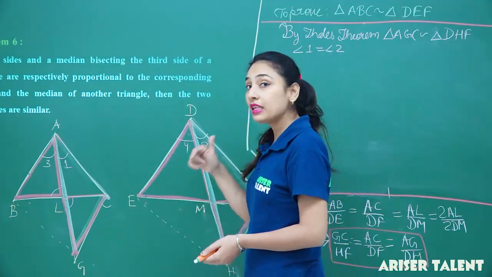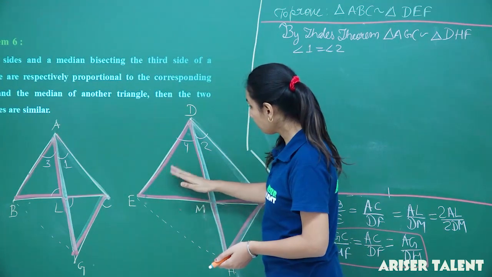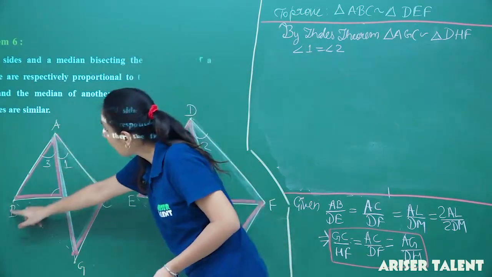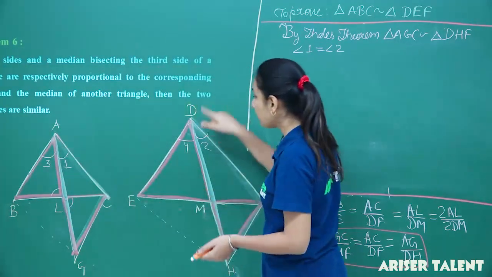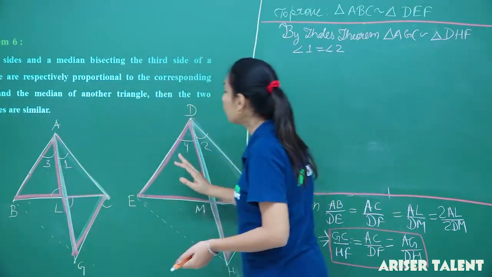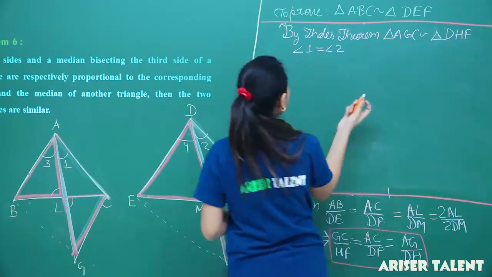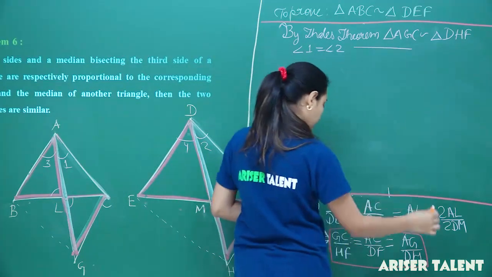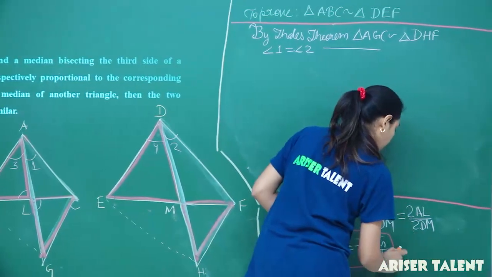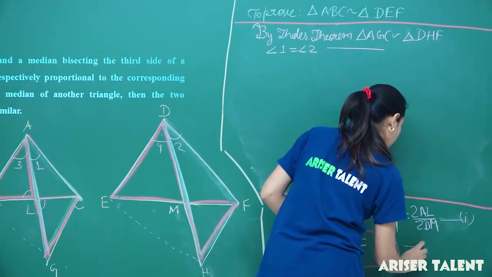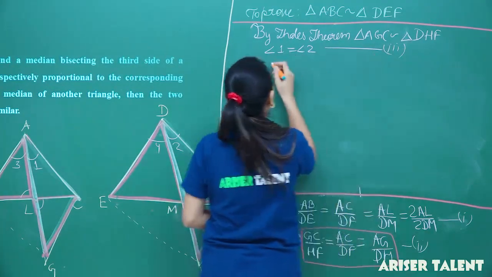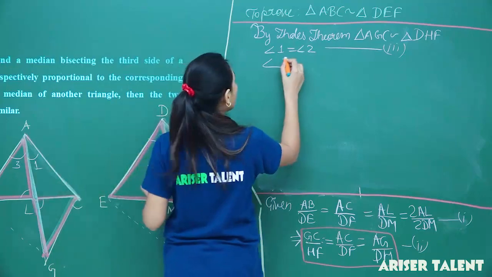So similarly we will have angle 4 equal to angle 3, because these two triangles will be similar, and if these two triangles are similar, angle 3 equals angle 4, isn't it? So we can directly say, mark it 1, this is 2, now this is 3rd, and 3 equals 4.